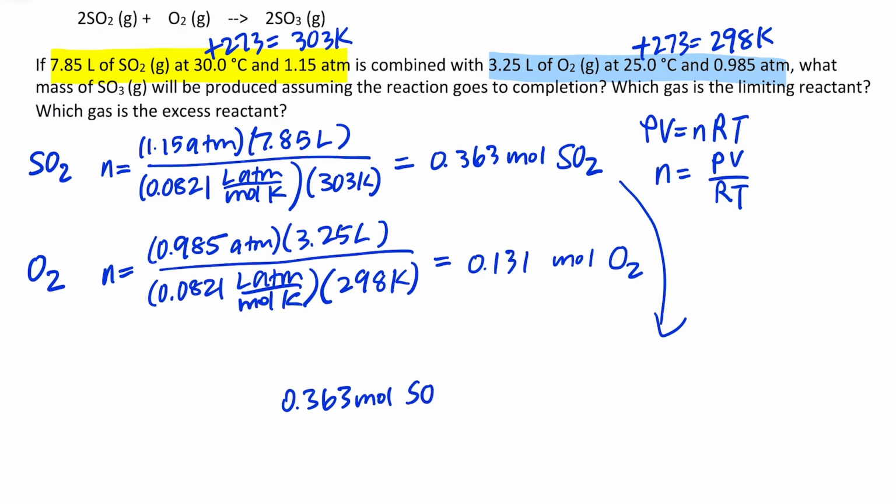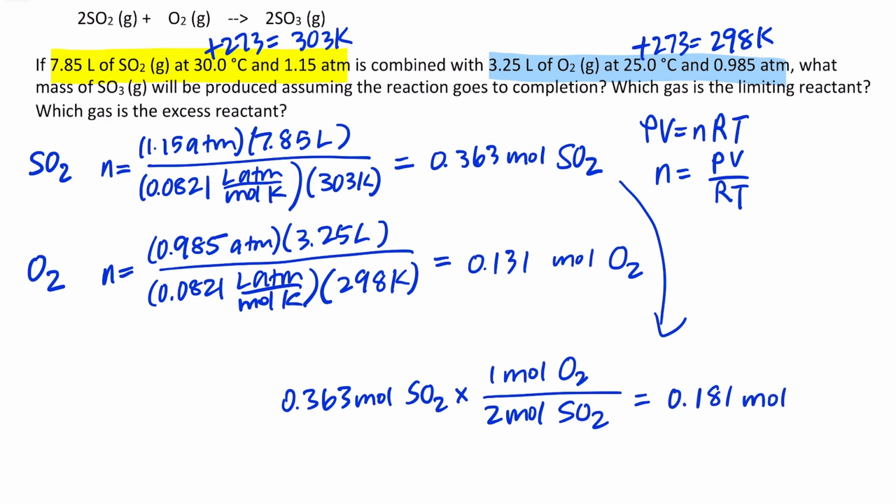So that's going to be 2 moles of SO2 and then 1 mole of O2 on the top, to get 0.181 mole of O2.